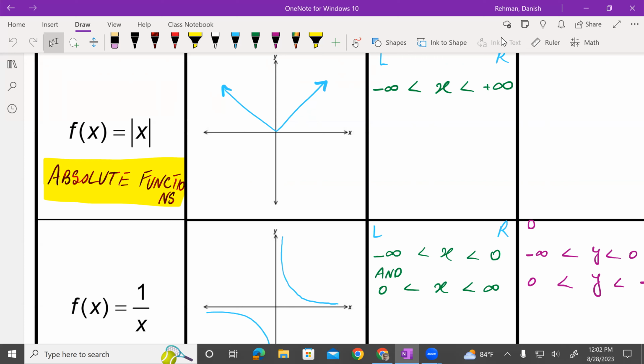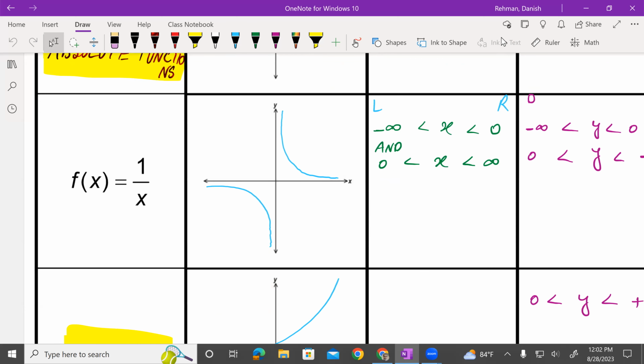Then the third one, I didn't put the name over there last time. Let's add the name, but before that, again, keep in mind, arrows will keep on going like that. This function, we call it a rational function.